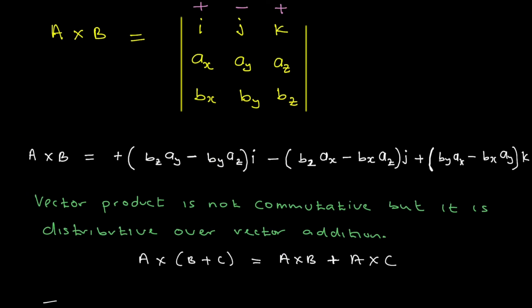Also, the other property that we need to use to be able to find A cross B. So for A cross B, we're using this determinant rule where we have i, j, k, and vector A has its coefficients here, and vector B has its coefficients here, and we assign positive to i, negative to j, and positive to k.